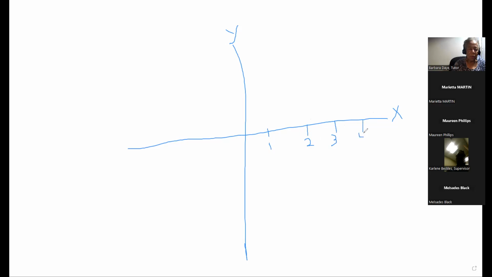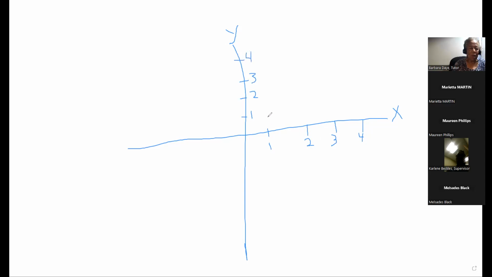Those values are on the horizontal or X line. Now, let me put 1, 2, 3, and 4 on the vertical. All right. Now, let's plot these.